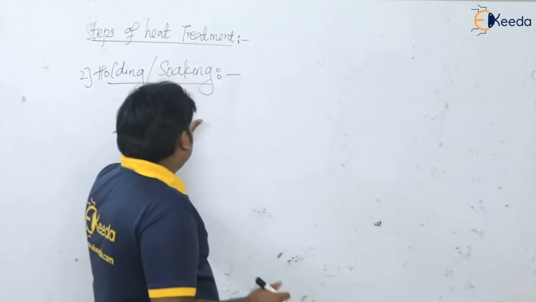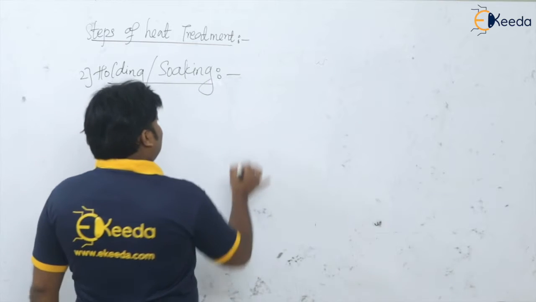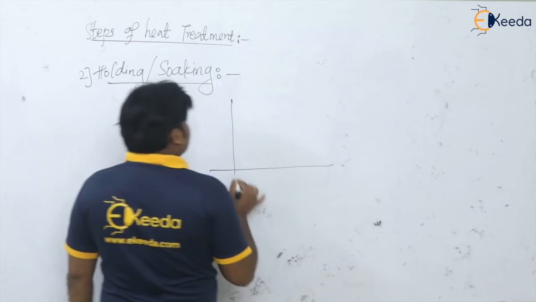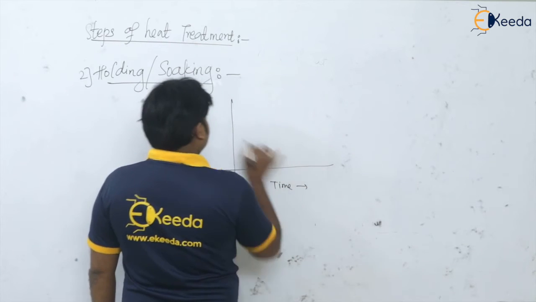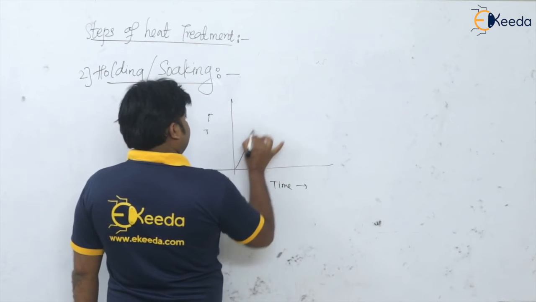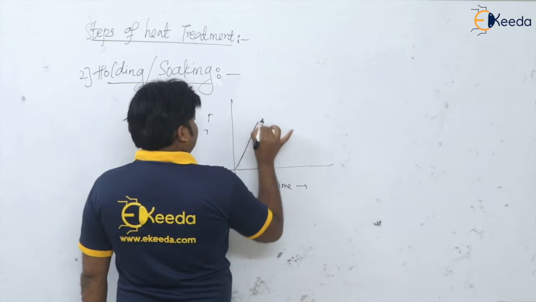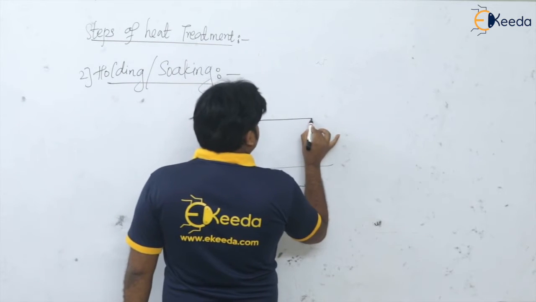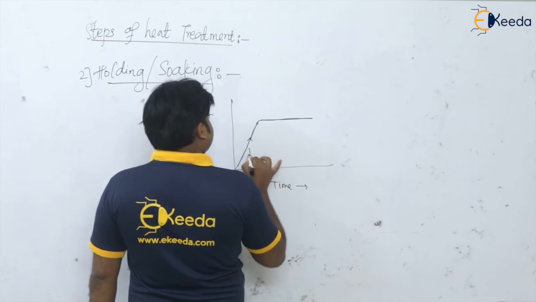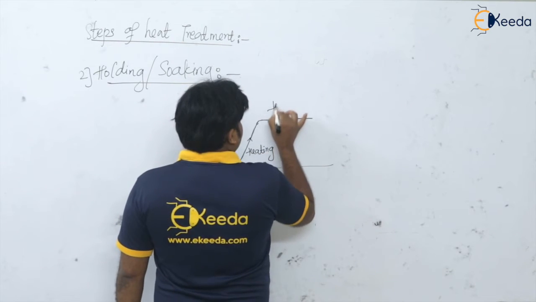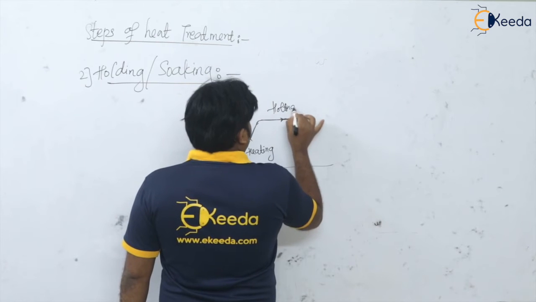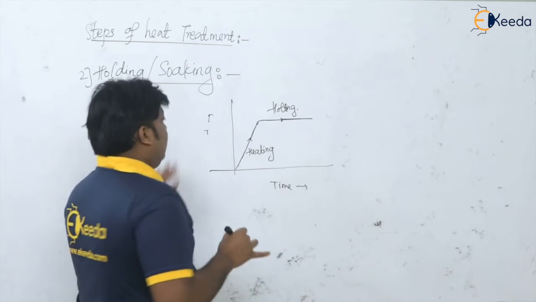If you look at the cycle, this is the temperature and this is the time. Initially we heat the specimen, now we are holding it. So that was the heating, and now this is the holding for a particular amount of time based upon the requirements.